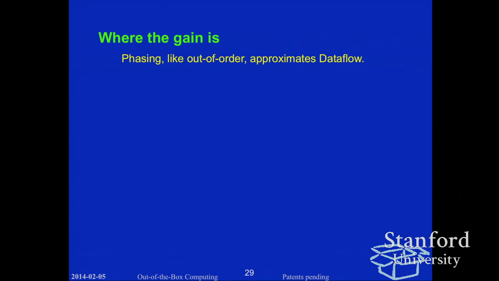And out of order does do that. It dynamically detects the presence of a data flow in the instruction stream and then schedules things in data flow order with maximum overlap. That's what your Haswells and so forth that do out of order do internally. Phasing, in many ways, can be thought of as being a statically scheduled out of order.